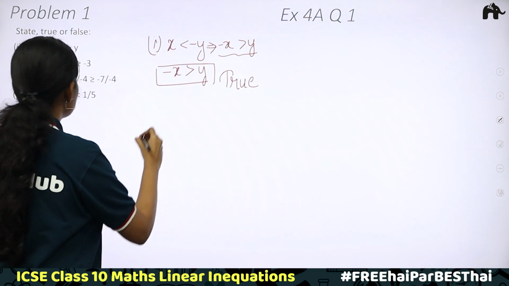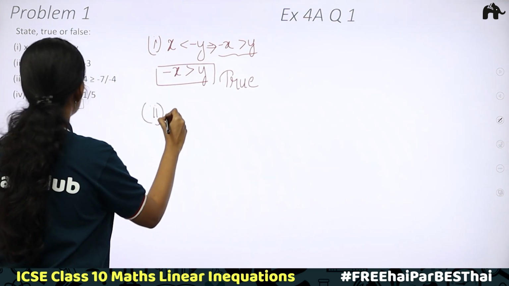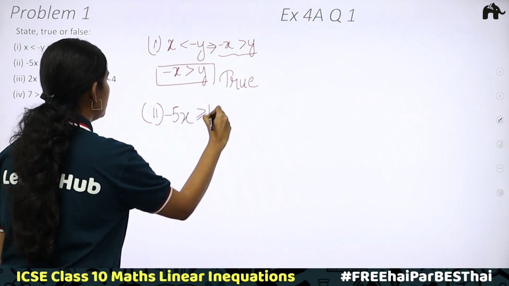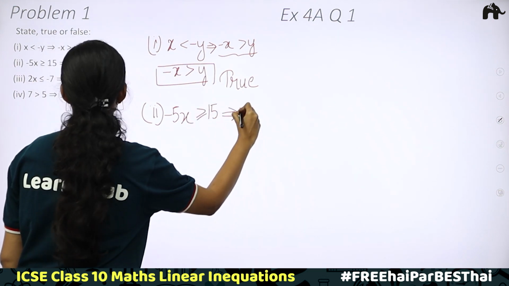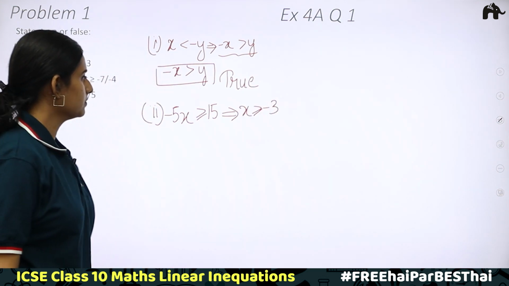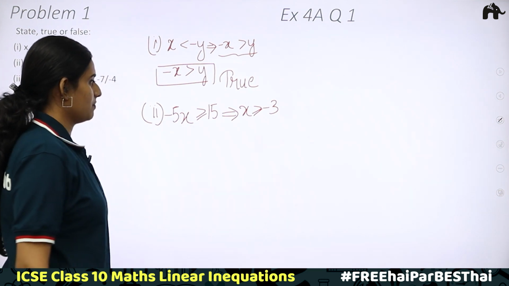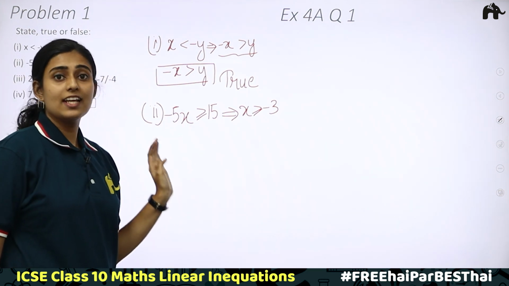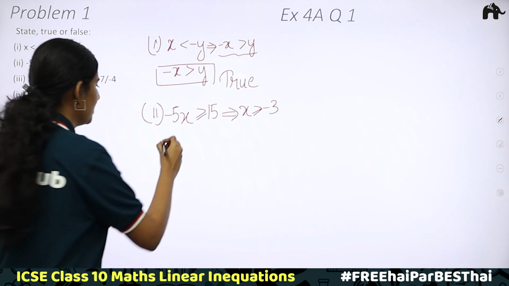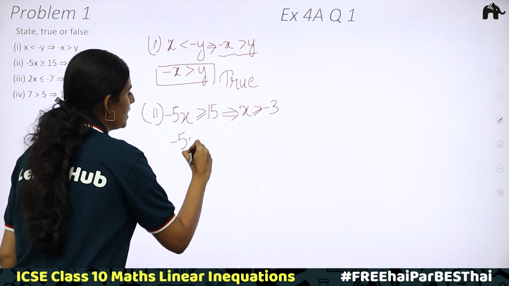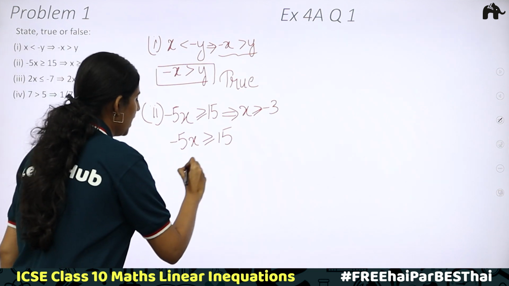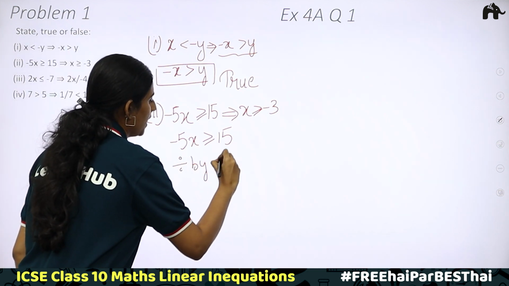Clear? Now let's take the second one. Minus 5x greater than or equal to 15 implies x greater than or equal to minus 3. Okay. To solve this, I just need x on the left hand side. What should be done? I have to divide by minus 5. We have minus 5x greater than or equal to 15. Divide by minus 5.